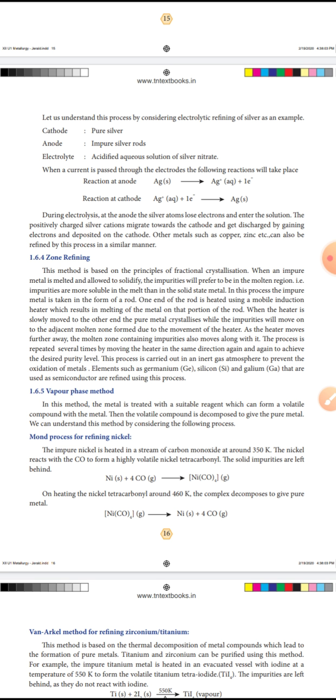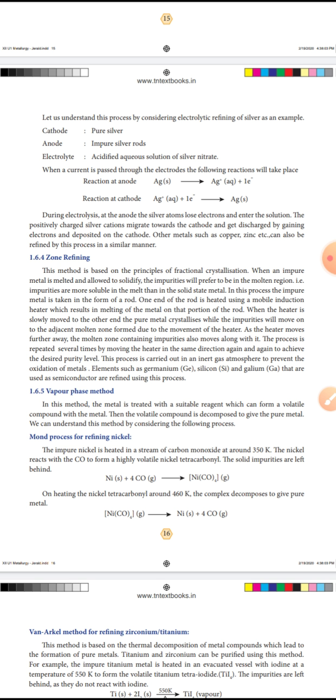So we take the impure metal rod, and one end is heated by the mobile induction heater. At that time the impure metal starts to melt, and then the heater moves to the other end. As the heater moves further away, the molten zone containing the impurities also moves along with it.